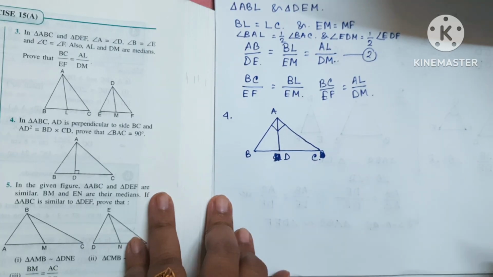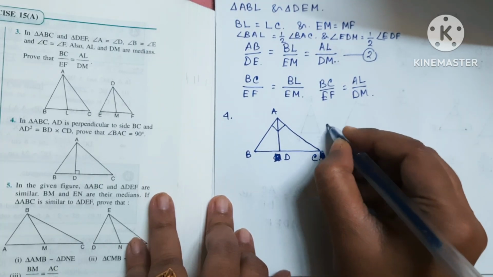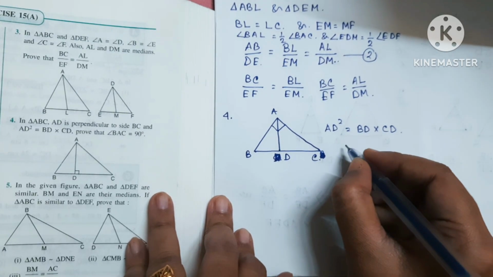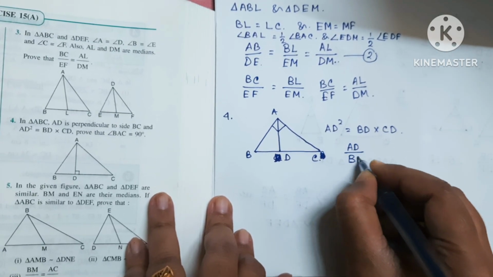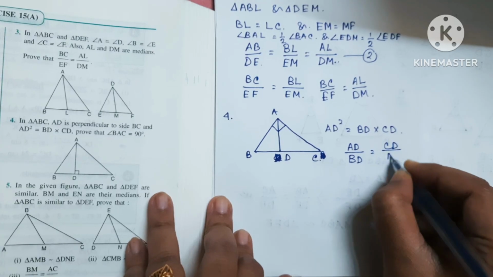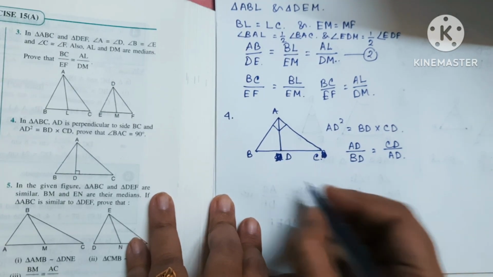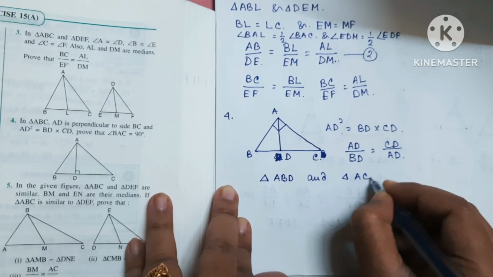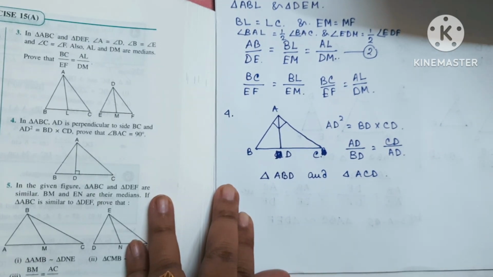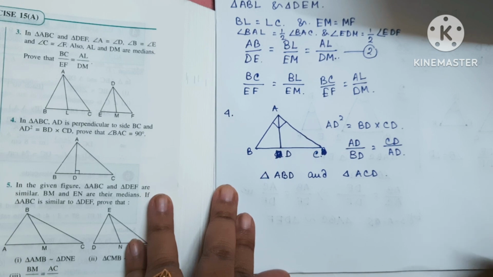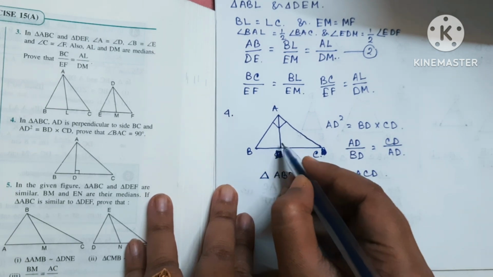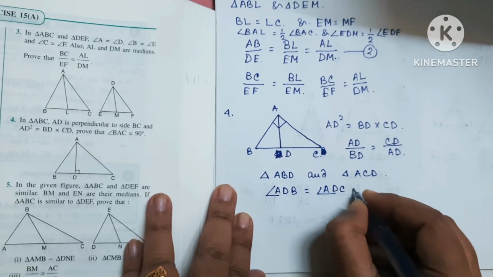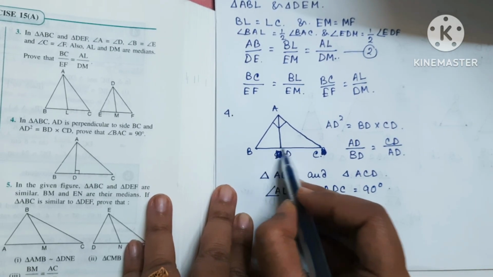See this picture. Here AD is perpendicular to BC. And another thing is given to you, that is AD square is equal to BD into CD. Okay. So you can write AD by BD is equal to CD by AD, right? Now see, in triangles ABD and ACD, angle ADB is equal to angle ADC is equal to 90 degrees, right? Because it is perpendicular.